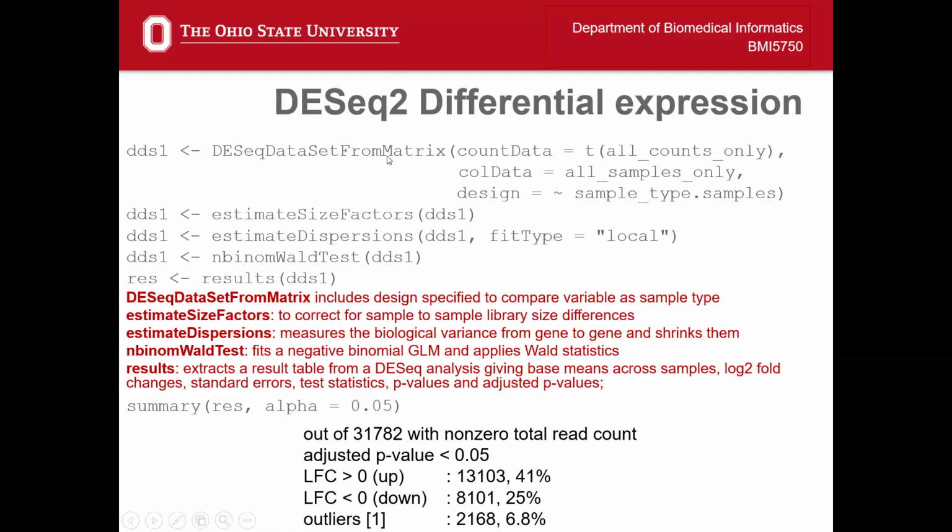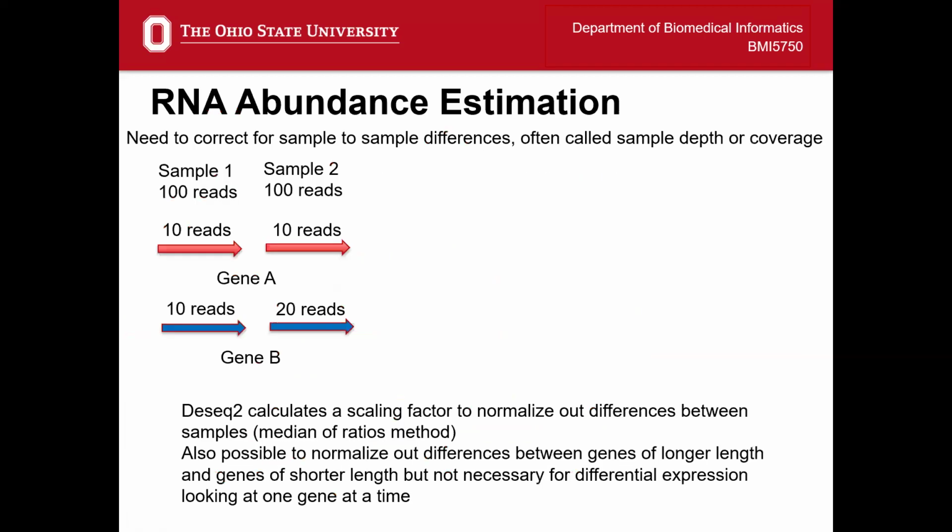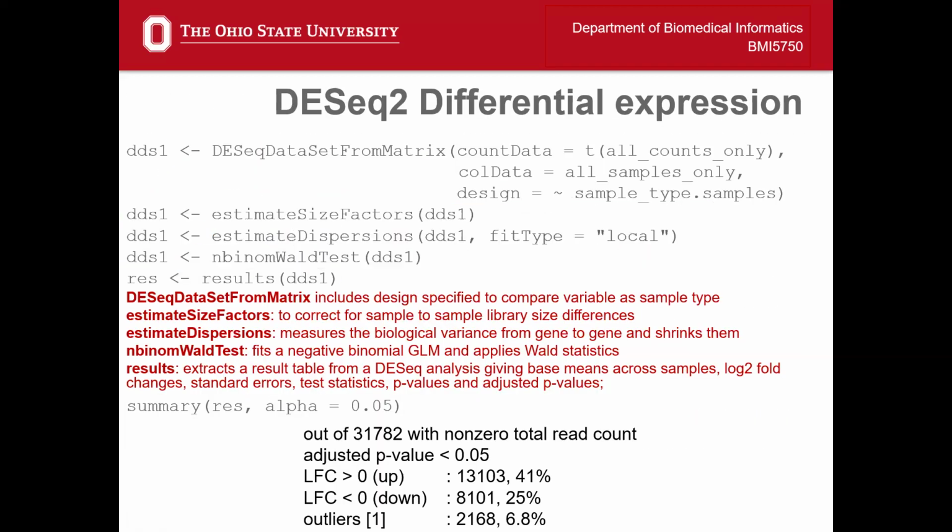And this first command puts these three things into the DESeq2 object. Then the second command will estimate size factors. Estimating size factors is the way of normalizing the counts data because we need to correct for sample to sample library size differences.